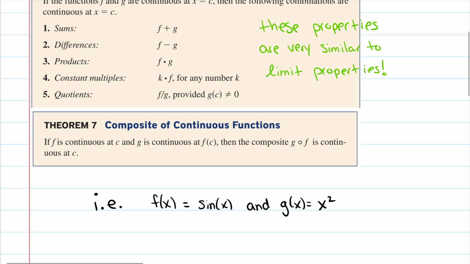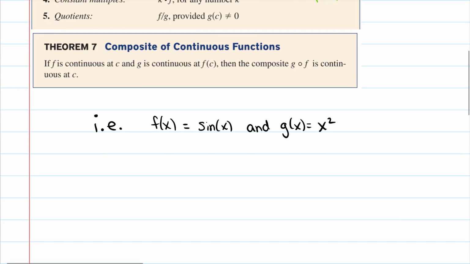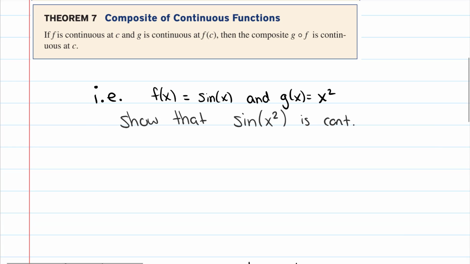So we're going to look at an example right now where we have f of x is equal to sine of x, and g of x is equal to x squared, and we're going to want to show that the composite function sine of x squared is continuous. So the first step to do this is to identify the composite function.